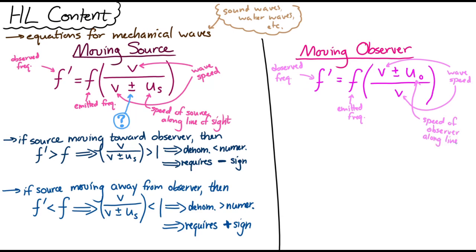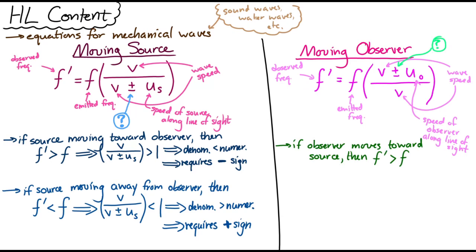And now whether we use a plus or minus sign. Well, let's say we are moving toward the source, an observer moving toward the source. If the observer moves toward the source, well, then the frequency that's observed should be greater. And if the frequency that's observed is greater, then that means this thing in the parentheses has to be greater than 1, which means that we need to use the plus sign.